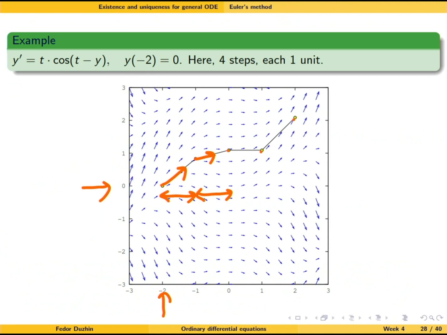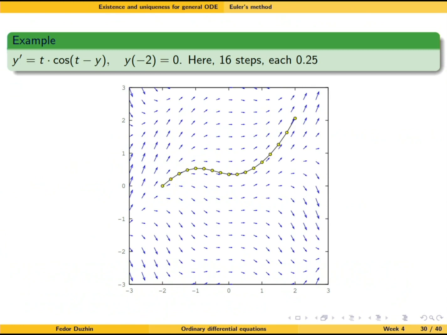But then we can do the same thing with 8 steps. So again, we'll look at this point, and we'll move in the direction of the corresponding vector and we will move so that the distance in t is 1/2. But then we can try 16 steps or even more steps.